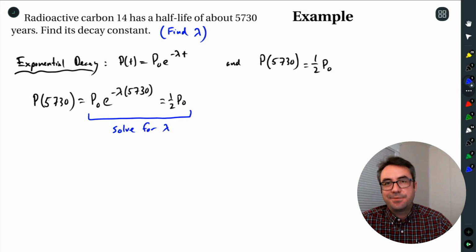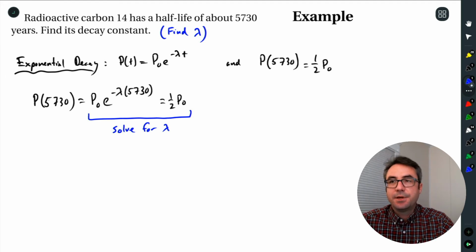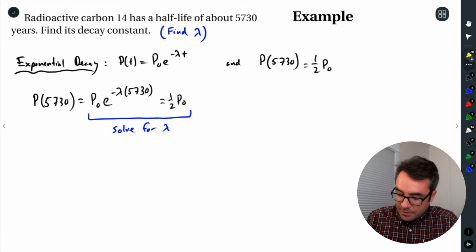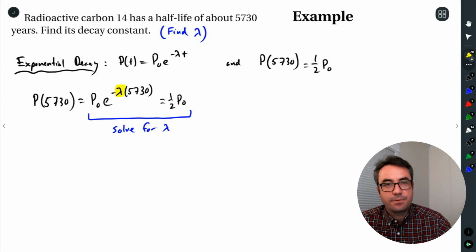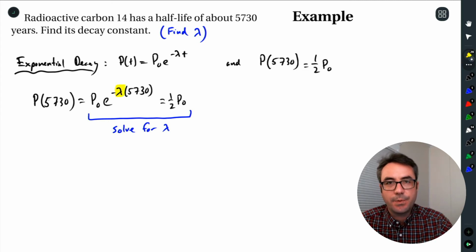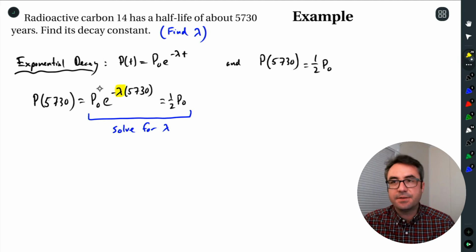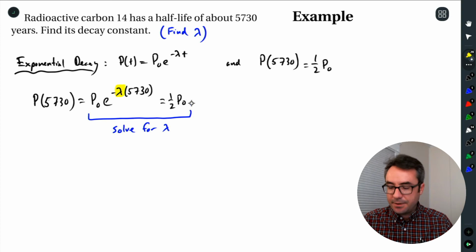And kind of the same setup that we did in the last example, we have this unknown constant that we want to solve for. We want to solve for lambda. And so you just kind of have to unravel this left-hand side, this exponential equation. So you start with this constant in front, get it out of there, move it to the other side.